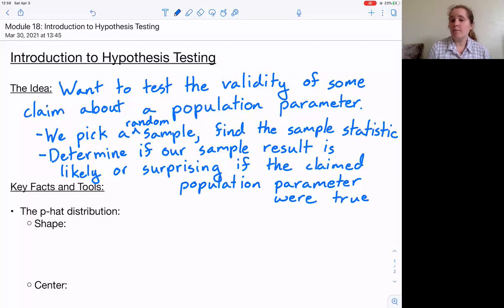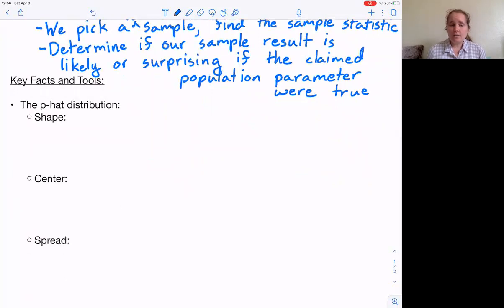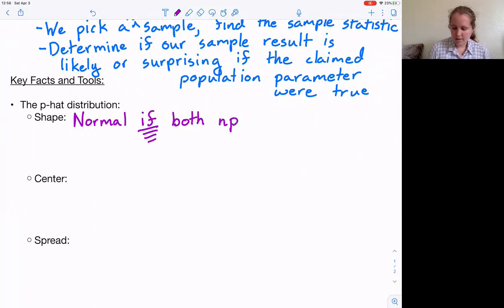So we've been focusing on the p-hat distribution, so we'll stick with that for now. So some key facts and tools. For the p-hat distribution, the shape, we know that it's normal if both n times p and n times 1 minus p are 10 or more.